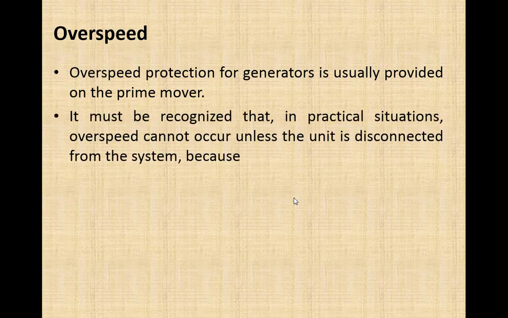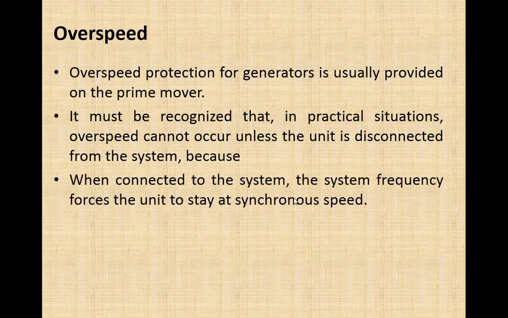It is important to note that in a practical situation where a synchronous generator is part of a large interconnected system, overspeeding cannot occur because the system frequency will enforce the operation of the generator at synchronous speed. So if due to some problem in the system, a power plant gets isolated from the rest of the system, then this issue of overspeeding may occur because there was mechanical power on the shaft and electrical load on the generator.